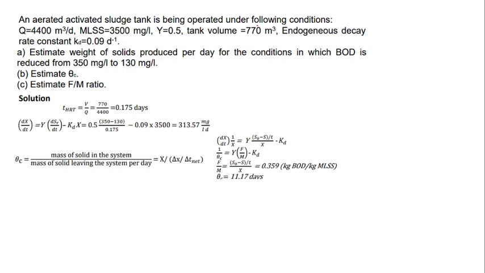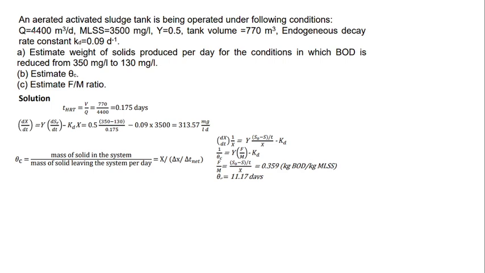Now, coming to the last problem. The question is about an aerated activated sludge tank, which is being operated under the following conditions. Q is equal to 4400 meter cube per day. That is the flow rate.